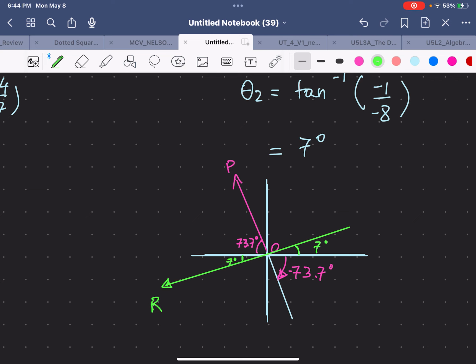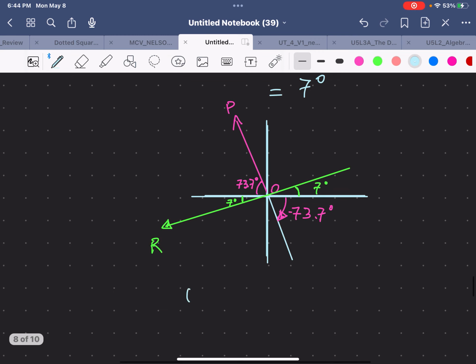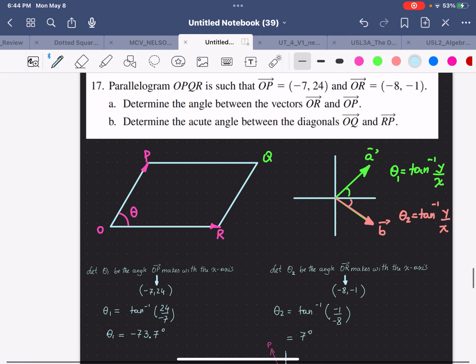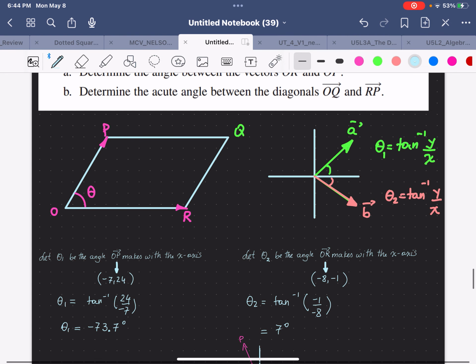So the angle made between the two vectors will be theta, remember this was our theta 1 right here, and this is our theta 2. So theta would be equal to 73.7 plus 7. That will make it 80.3 degrees. So that's the angle made between OP and OR.